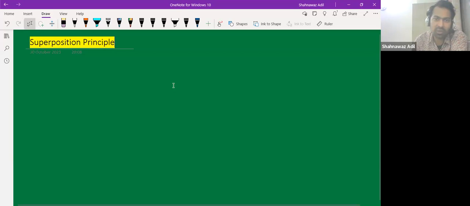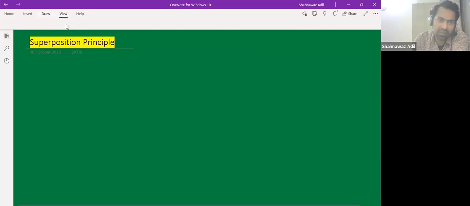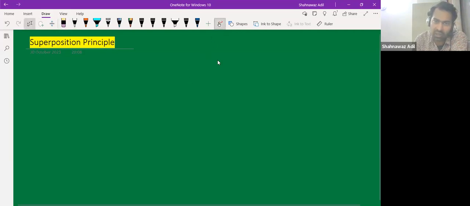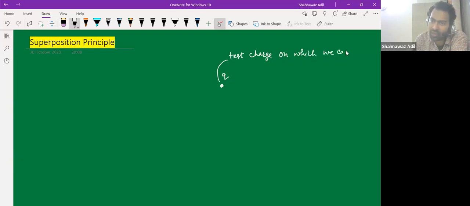The test charge on which we are calculating the force.